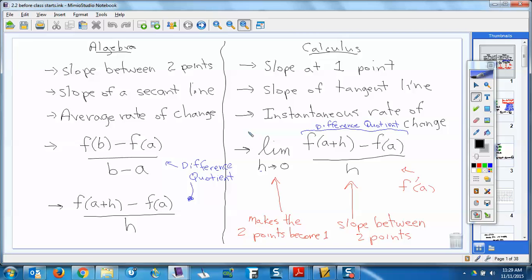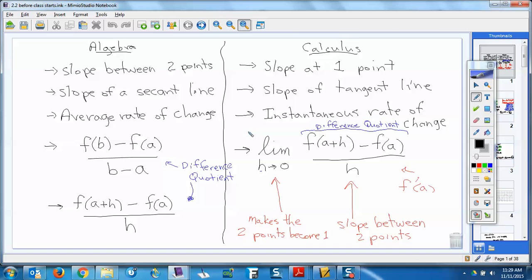We can say that h doesn't ever have to get to 0. Now, in the problems we've been doing, the long way ones, eventually we go ahead and put a 0 in for h, don't we? Which is an okay thing to do, but we don't have to be able to do that. We can see what the values of this slope calculation are approaching as h gets closer and closer to 0.